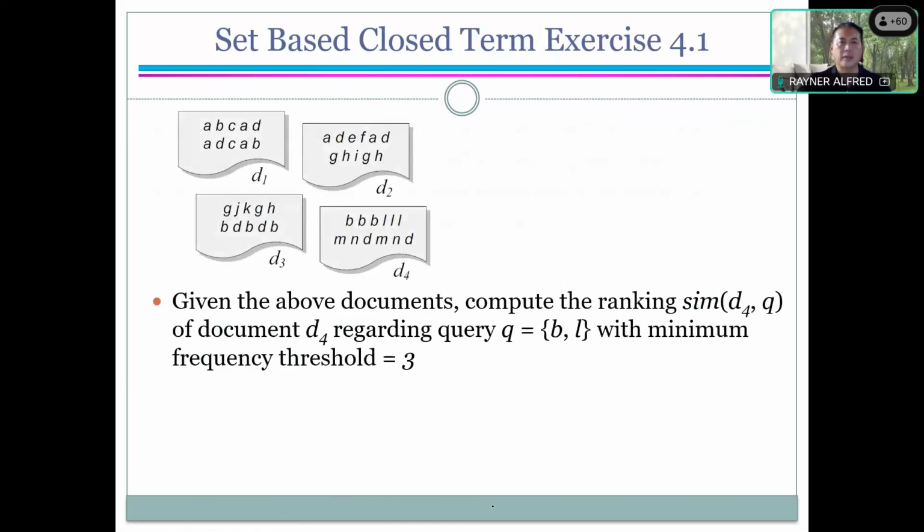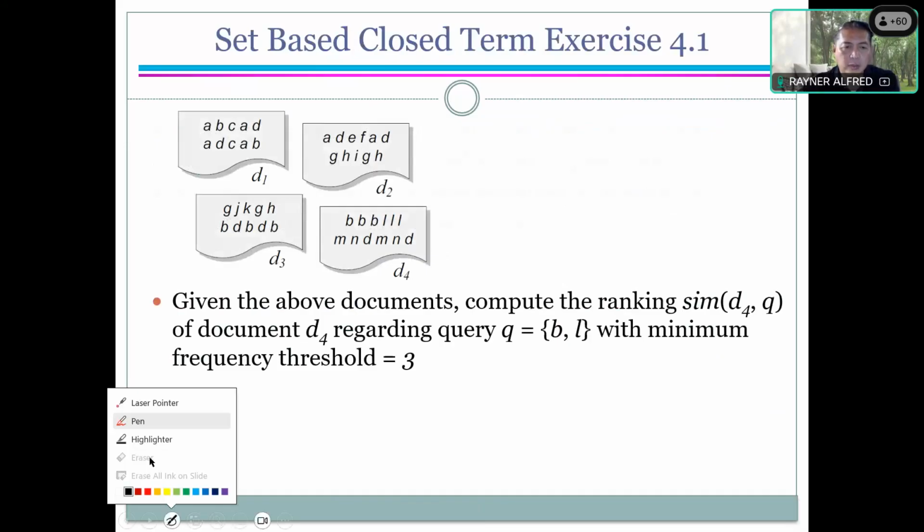Okay, let's go through this one, a simple one. So how do we start? We need to look at what information is given to us. So for this one we have the query to be BL.